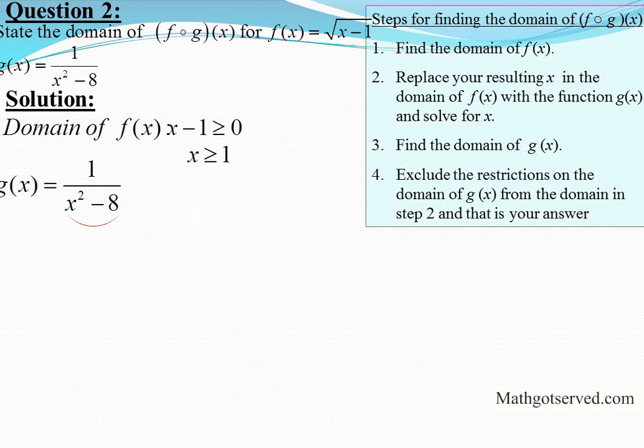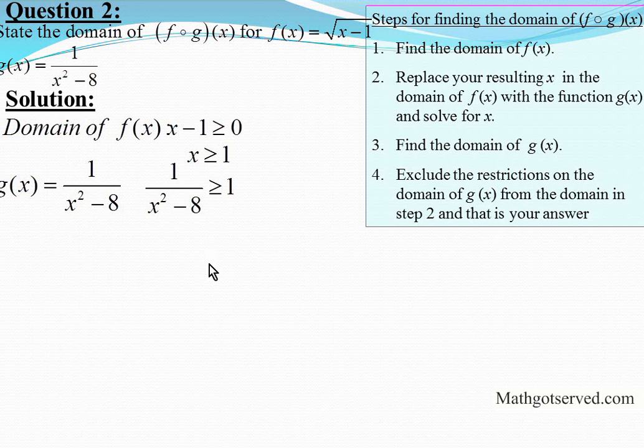So this entire term will be substituted into the x that we got from the domain of f. If we solve for x, that will be the first part of our domain. Okay, so let's go ahead and make the substitution. There you have it. I replace this x with g of x, which is 1 over x squared minus 8.